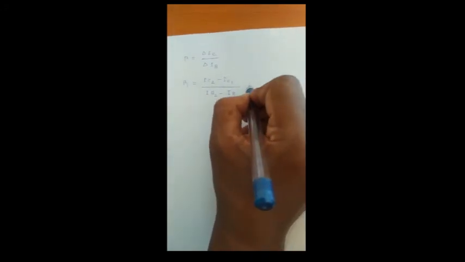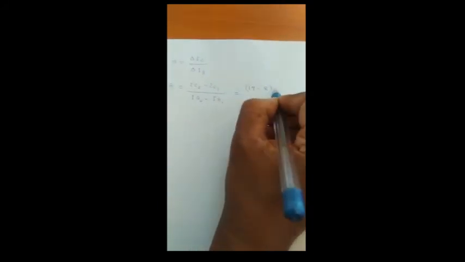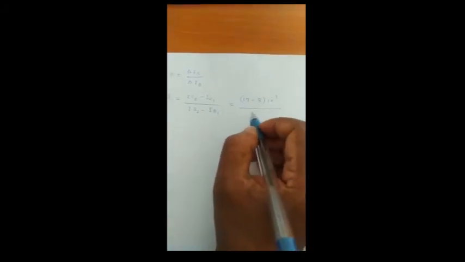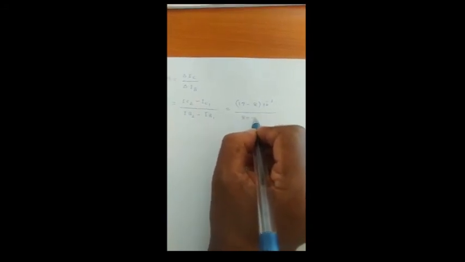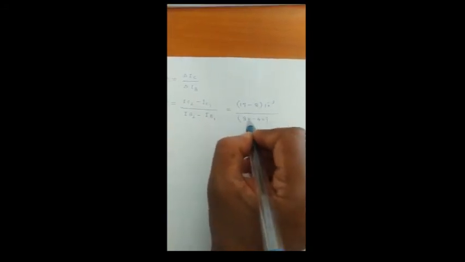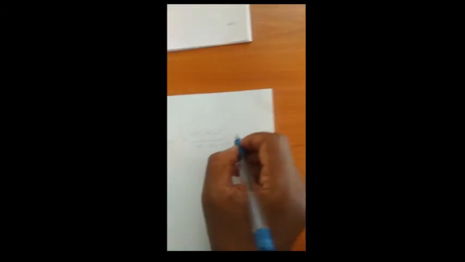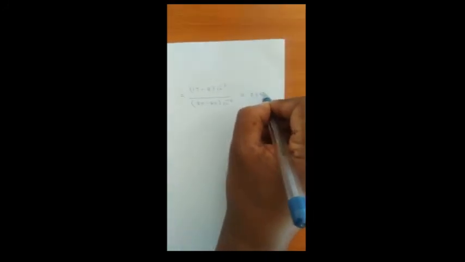It is observed that 17 minus 8 milliamps divided by 80 minus 40, 10 to the power of minus 6. If you calculate this, you are going to get 225.